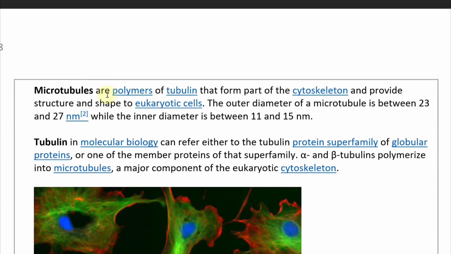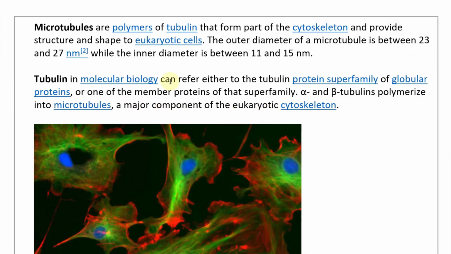So microtubules are polymers of tubulin that form part of the cytoskeleton and provide structure and shape to eukaryotic cells. The outer diameter of a microtubule is between 23 and 27 nm, while the inner diameter is between 11 and 15 nm. So it's a tubular shape.